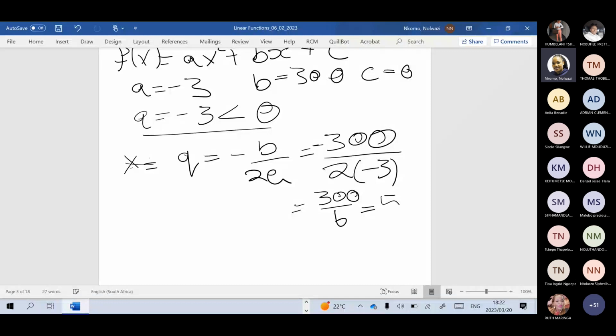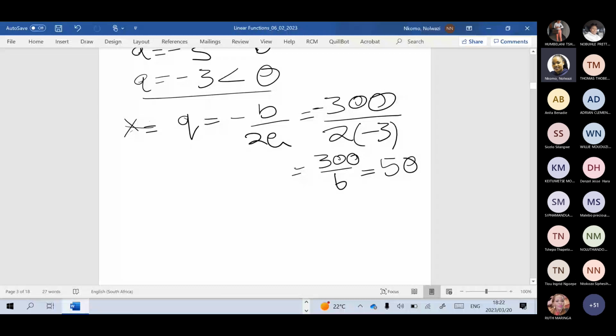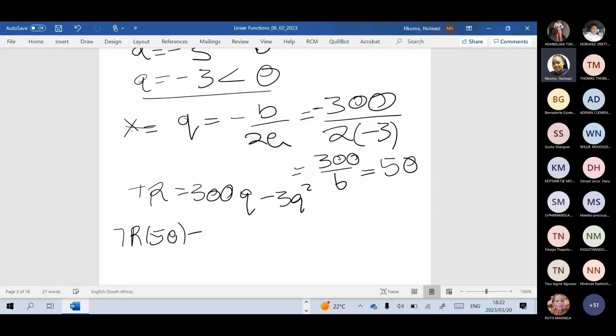Then we need to find the corresponding total revenue where Q is equal to 50. And our total revenue is 300Q minus 3Q squared, right? But our Q is 50. So we substitute 50 in our total revenue. And if we do that, we'll have 300 times 50 minus 3 times 50 all squared, right?